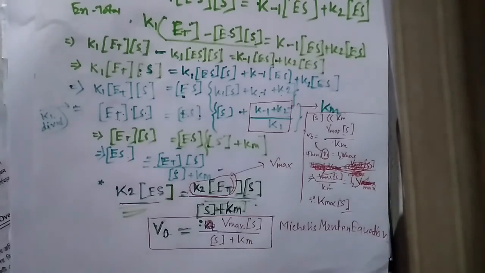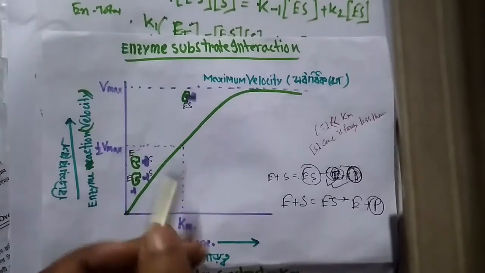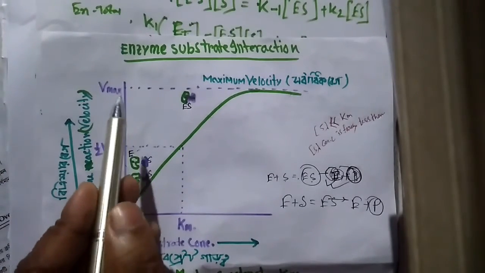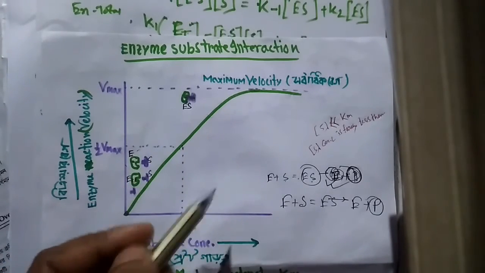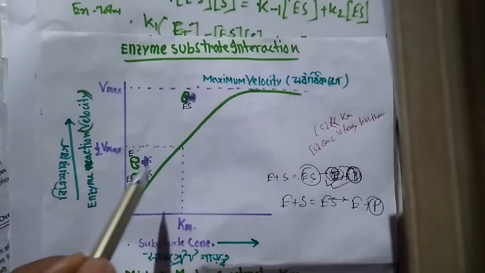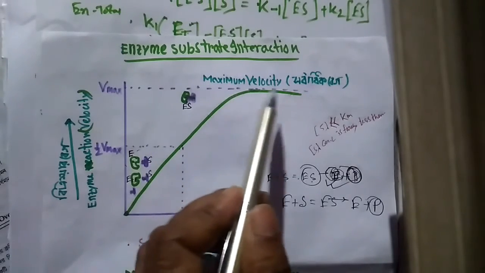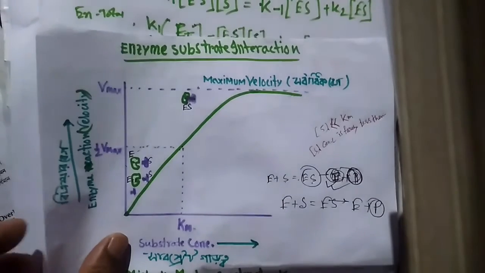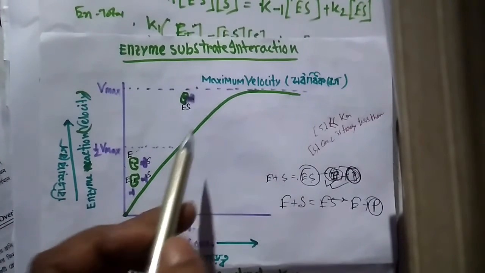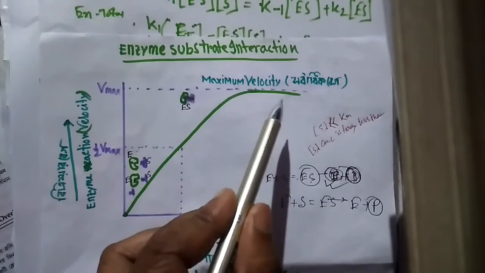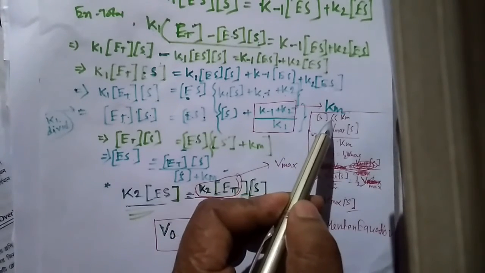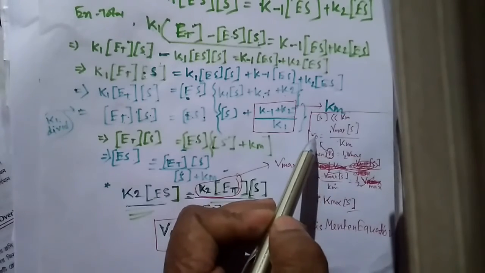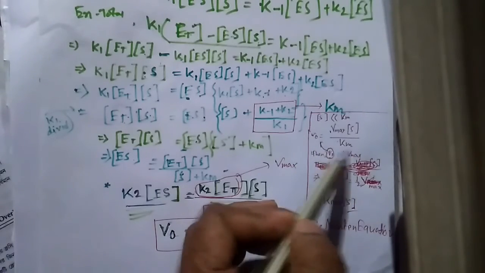In this graph, Vmax is reached when the substrate concentration is high and the velocity is at its maximum, reaching a steady state. In the case where substrate is much less than Km, V0 is equal to Vmax times S by Km.